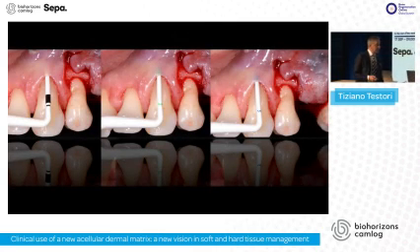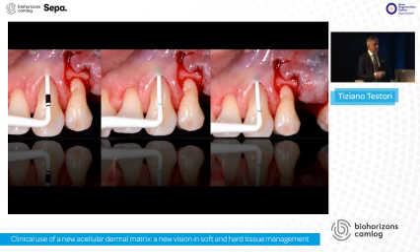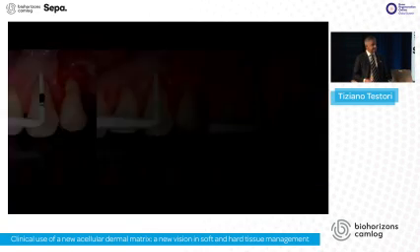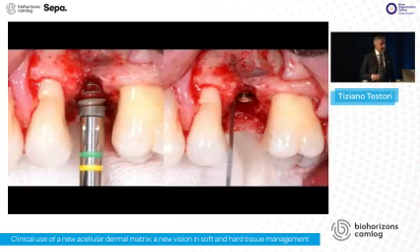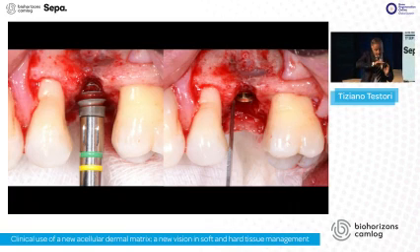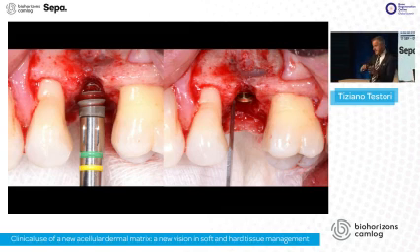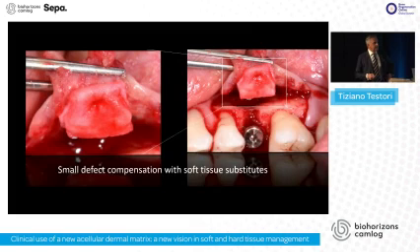This is another case, validation of the thin periodontium, single tooth application, and to compensate minor indentations, minor concavities, you can even use Novomatrix that is sutured inside the flap.